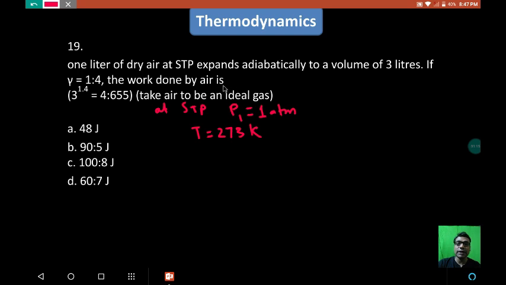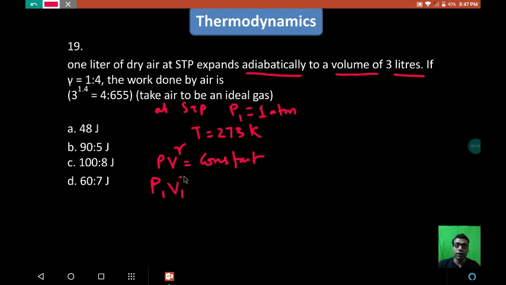Now it has said that adiabatically the volume increases to 3 liters. So we can say that in an adiabatic process PV raised to power gamma is constant. So initially P1 V1 raised to power gamma equals P2 V2 raised to power gamma.